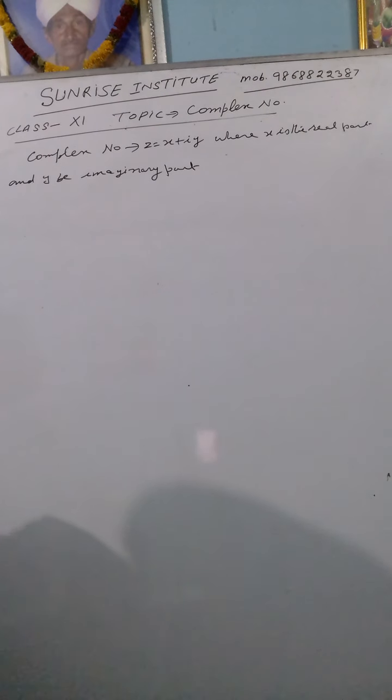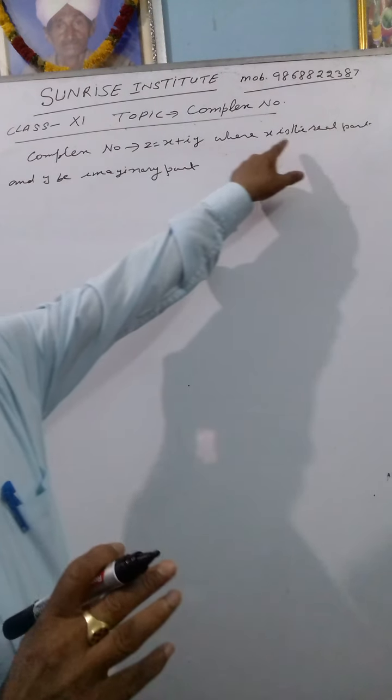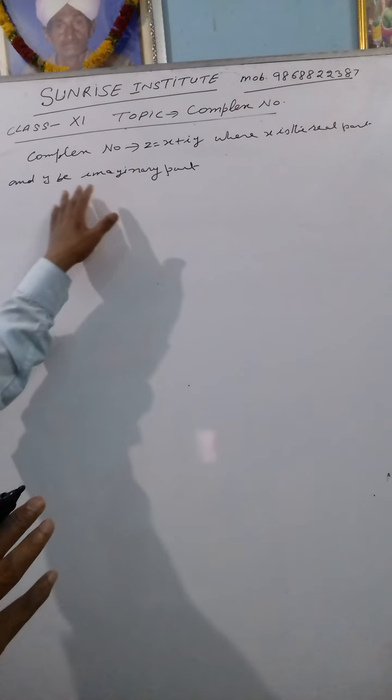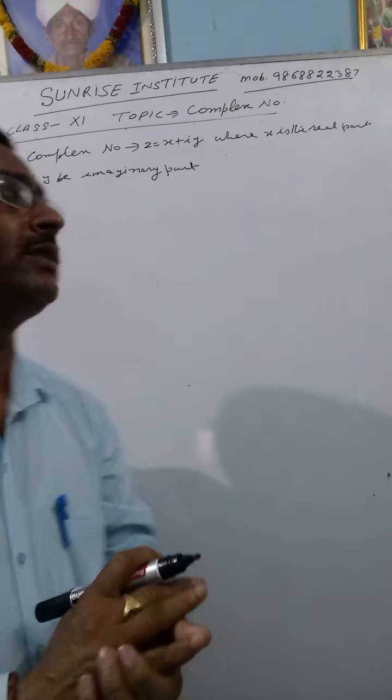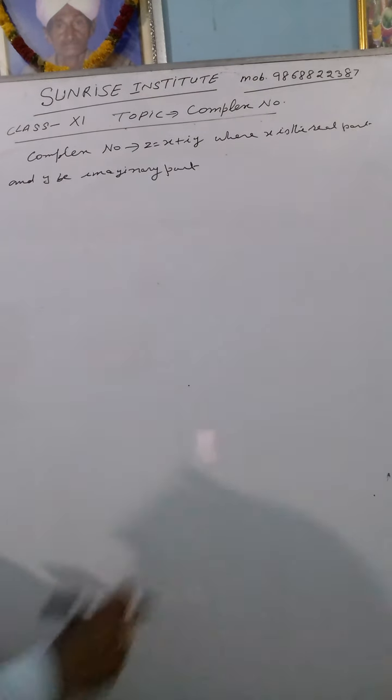Okay students, that is the complex number, where x is the real part and y is the imaginary part. z equals x plus iota y.